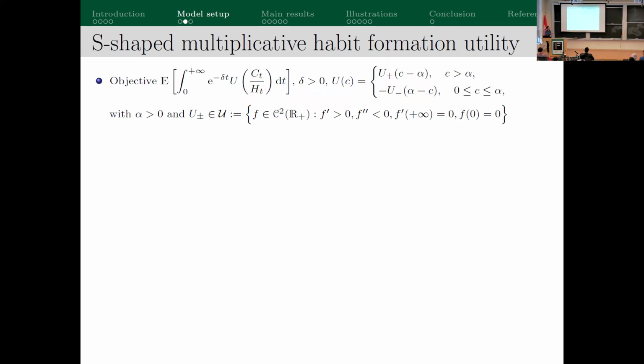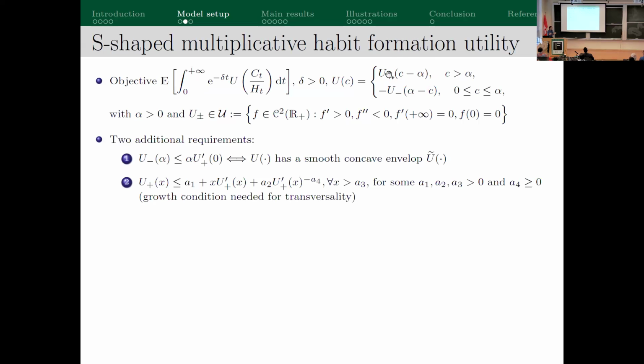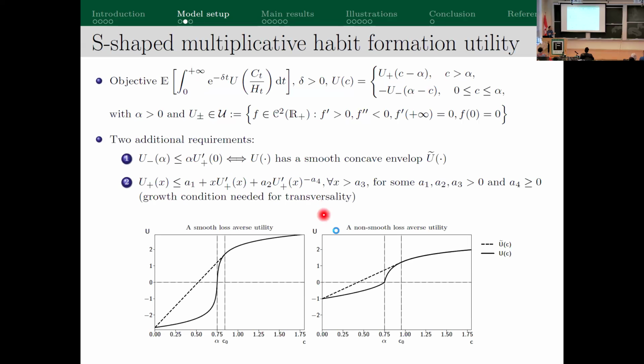These functions U plus and U minus are classic utilities, and they're general. Up to this point, I'm adding two more assumptions. The first one is there to make sure that this S-shaped utility, let me show you, has a smooth concave envelope.